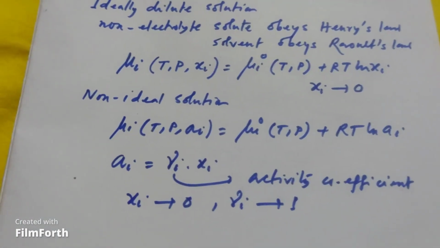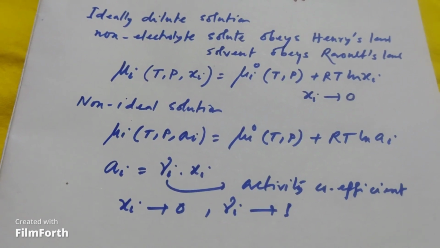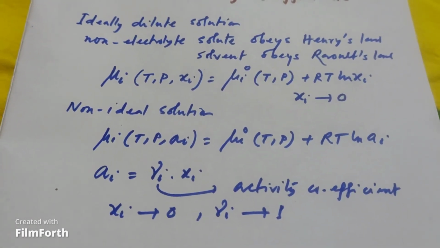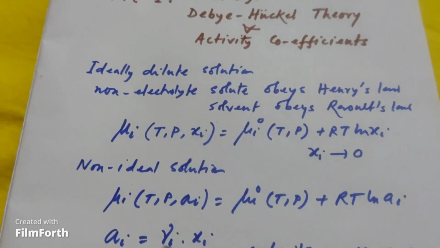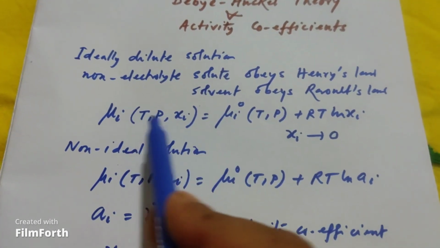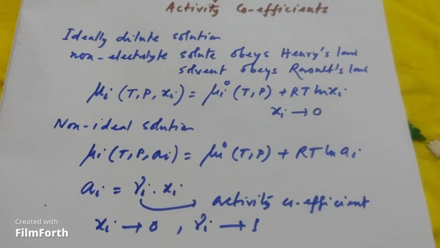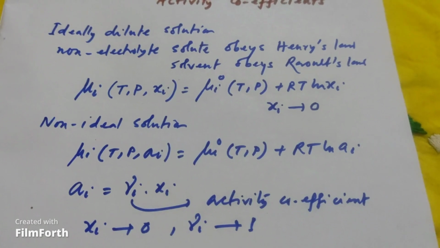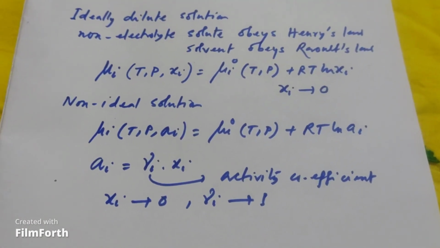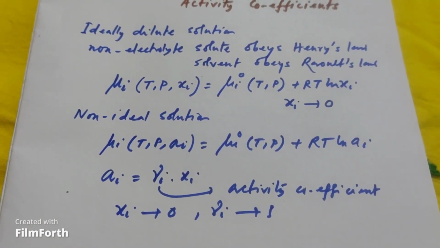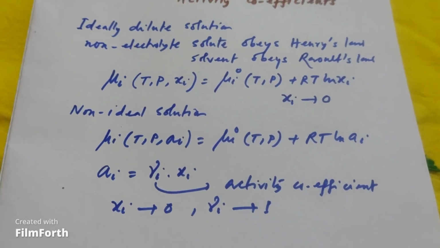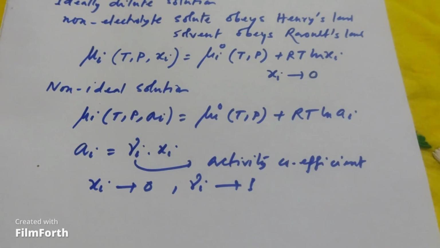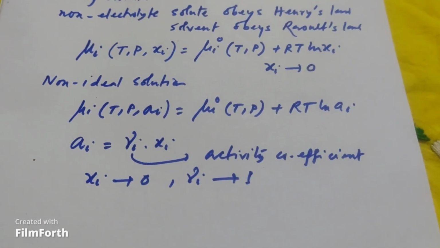So, at a very low concentration of the solute, almost 0 concentration, this equation converts to the previous equation, that means the equation corresponding to an ideally dilute solution. So this is all about non-electrolyte solute.